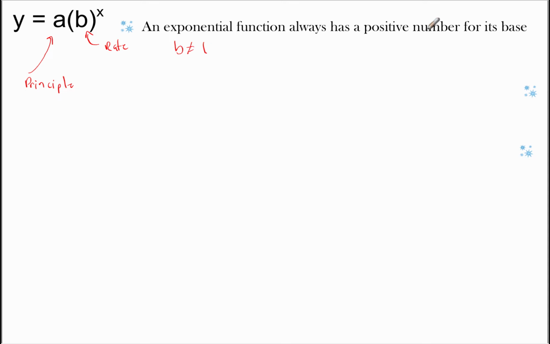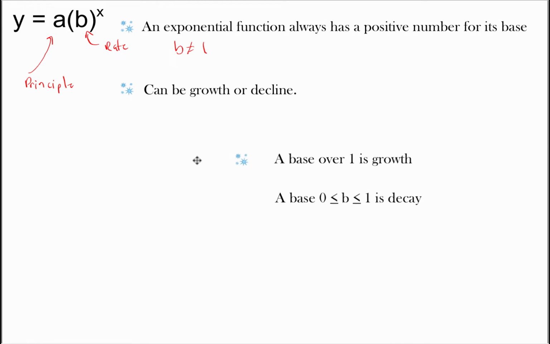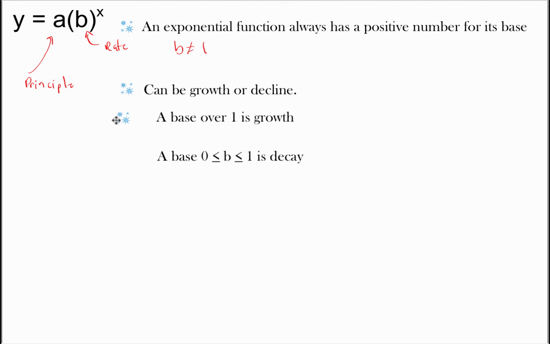I know 1 is a positive number also, but think about it. What's 1 to 1? 1. What's 1 to 2? 1. What's 1 to 3? 1. You're not showing any growth or decay. Once we figure out what that base is, it can either be growth or decline. And if the base is over 1, it represents growth. And if the base is between 0 and 1, it represents decay.